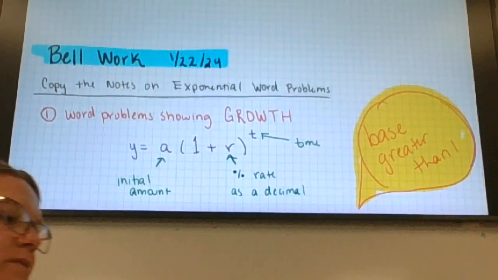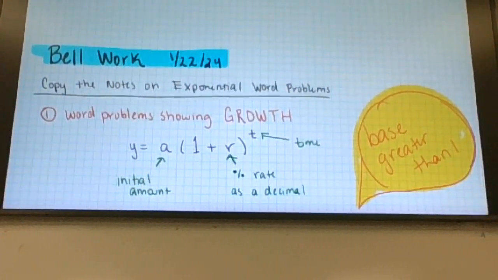I've already talked about... What real life word problem have we most recently talked about that uses an exponential function? Car loans, okay? Car loans are exponential equations. There's a lot of other ones. Anything that changes by a percentage is an exponential function.